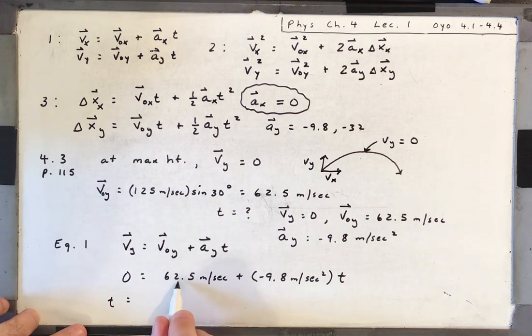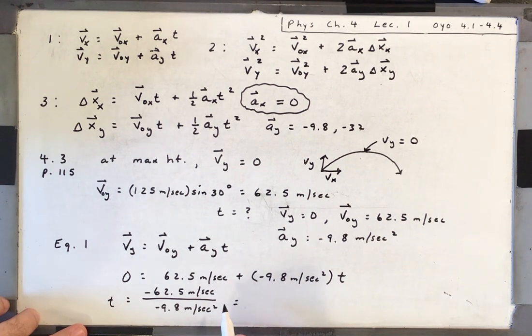Doing the algebra, we move that 62.5 to the left, that'd be negative 62.5, and then divide by negative 9.8. That's going to give you 6.38 seconds. That's how long it takes to get to the midpoint.